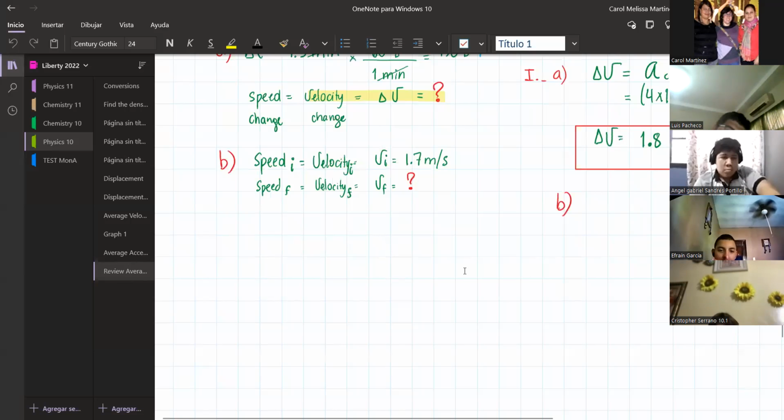We know that change in velocity is equal to, we know this formula, okay? But don't get confused. We know this formula that is acceleration times time.